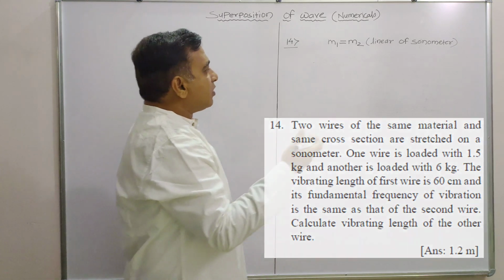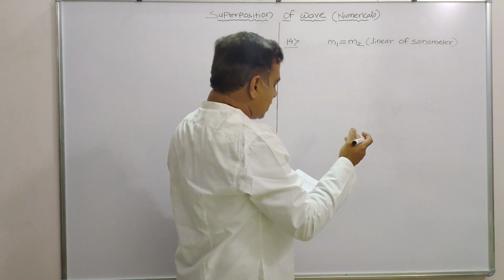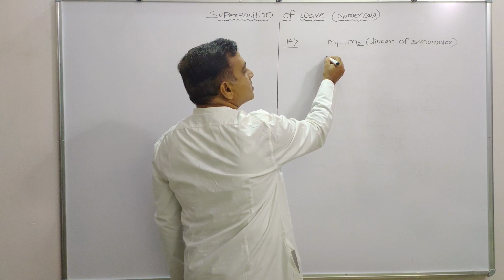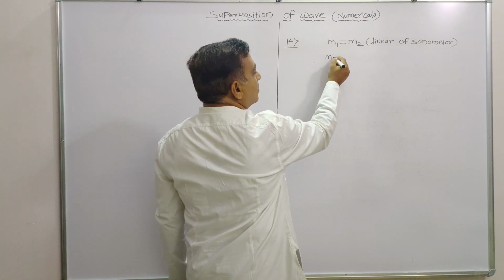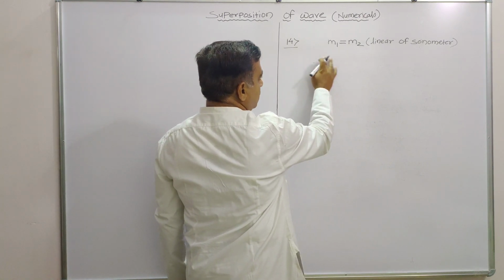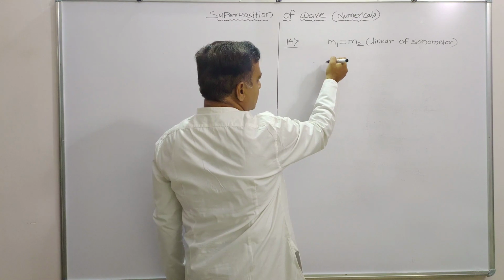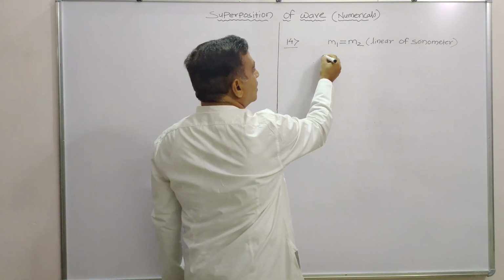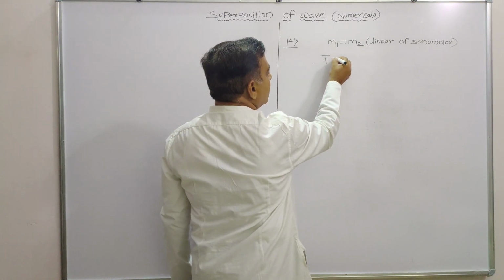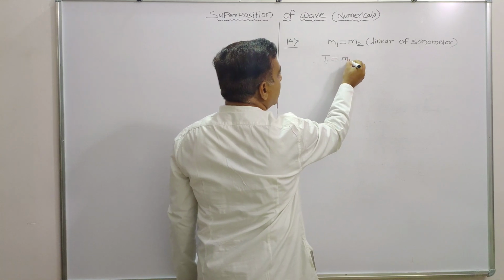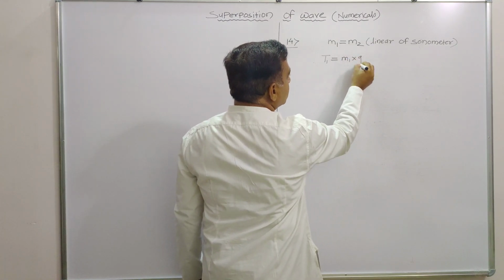One wire is loaded with 1.5 kilogram. I'm going to write that mass: T1 is equal to m1 into g.